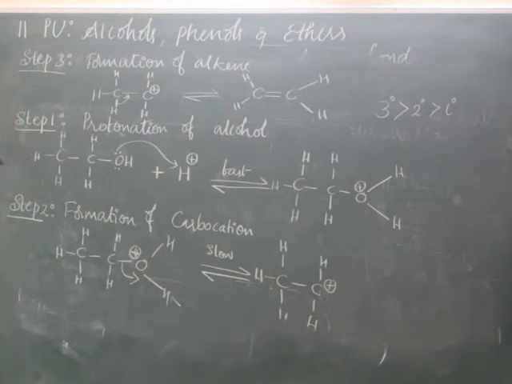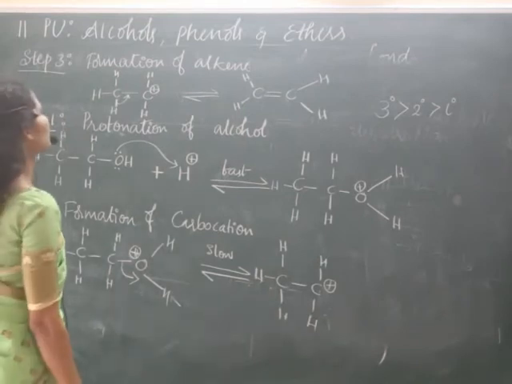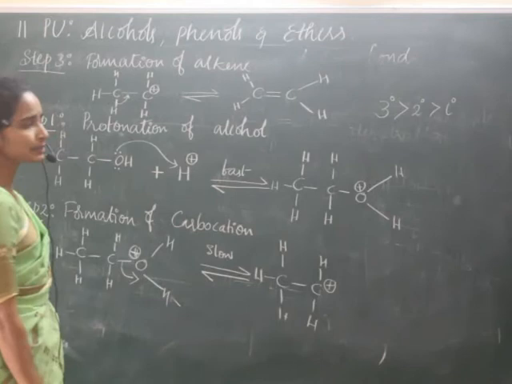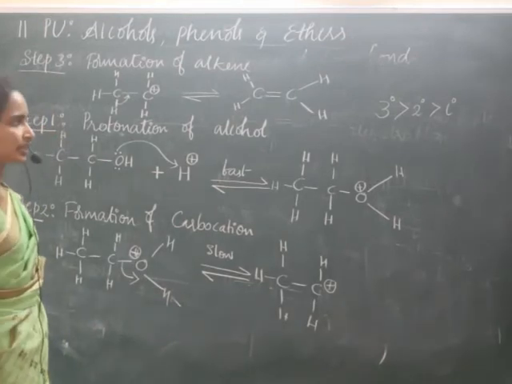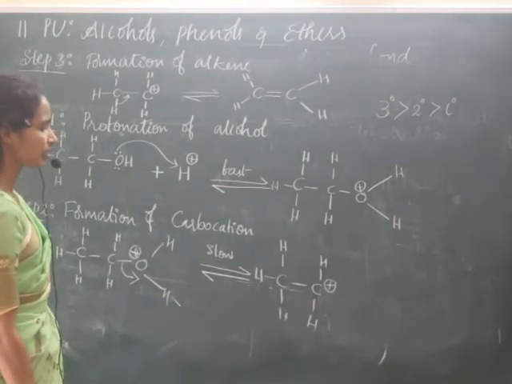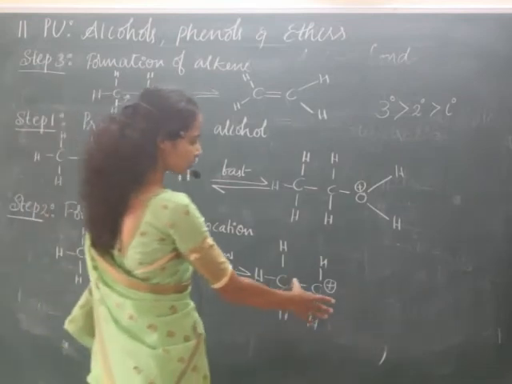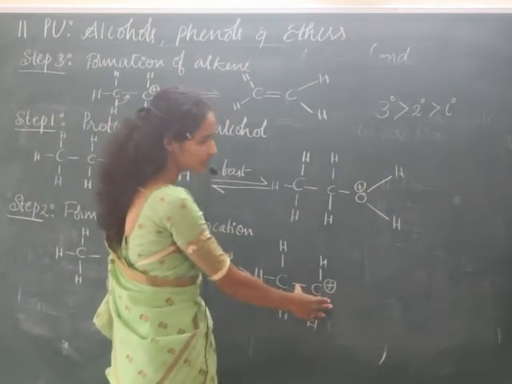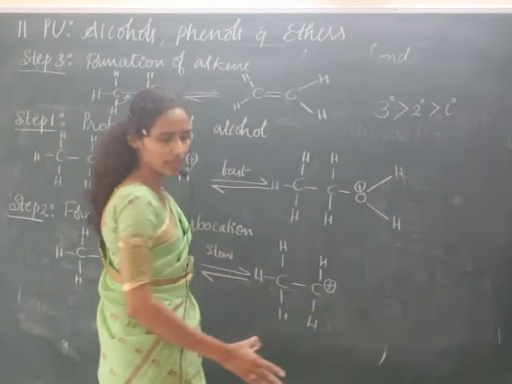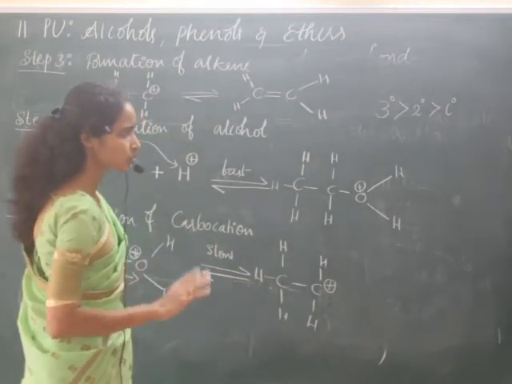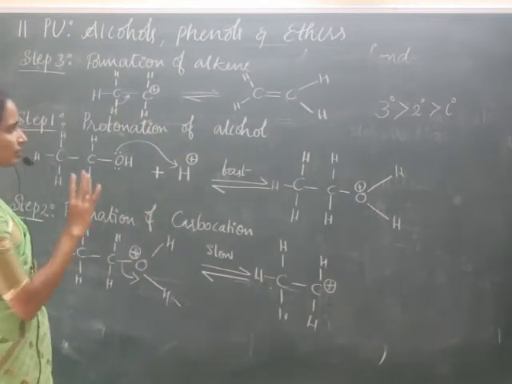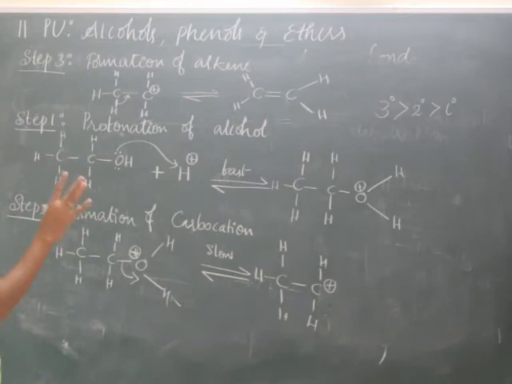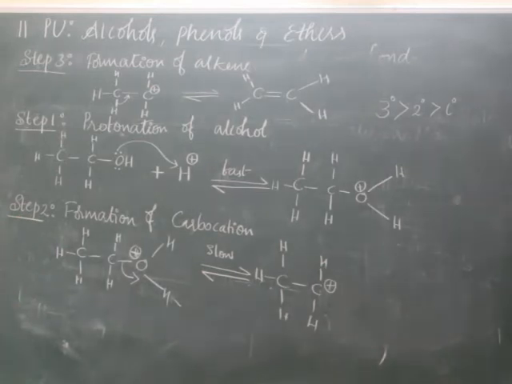Hence, reaction in tertiary alcohols will take place in milder conditions. Hope it is clear for you now, right? Here the tertiary carbocation is more stable, hence it will undergo reaction easily. Primary is not much stable, right? You can come to know this by this mechanism. This mechanism is very, very important, reaction as well as mechanism.